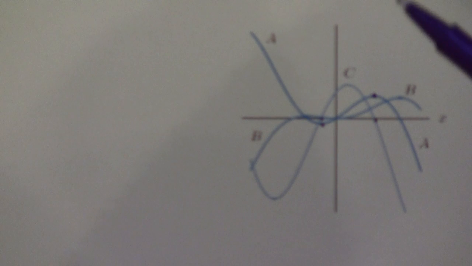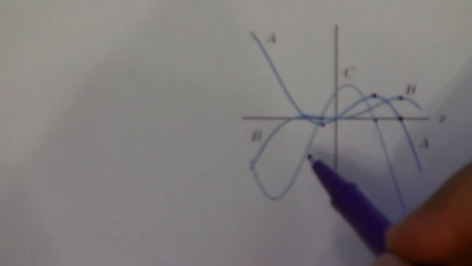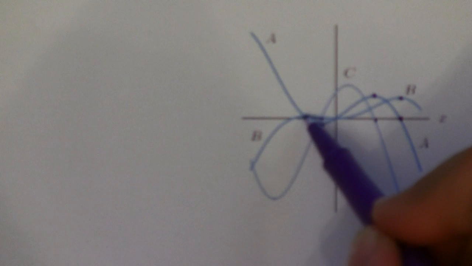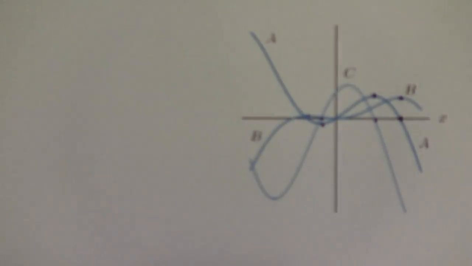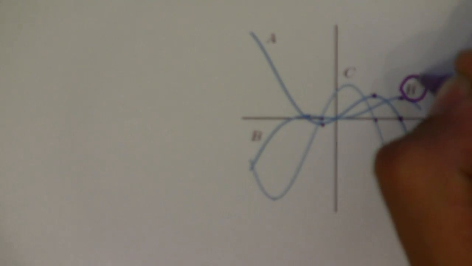So that's good. But what about B? Well, B has a flat spot right here, and A has a zero right here, so those match up. And then B, it's kind of hard to see, but it has a flat spot right here that matches up with A.